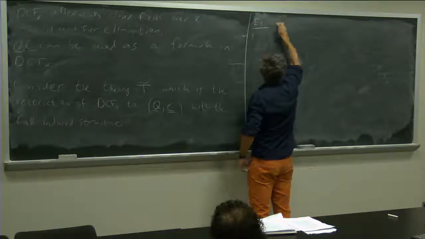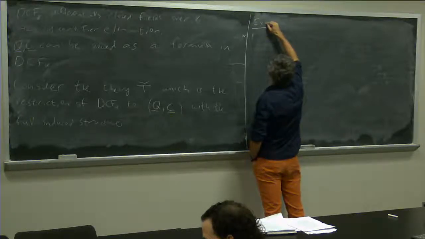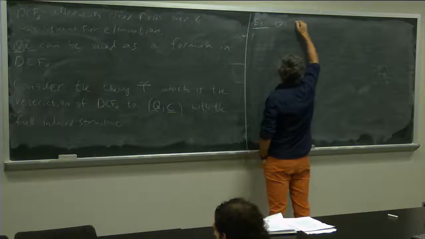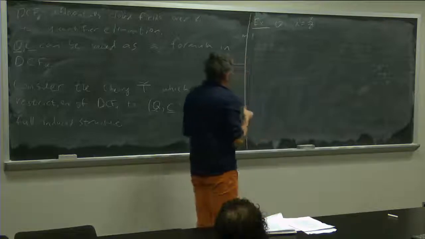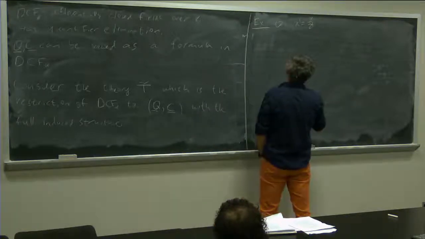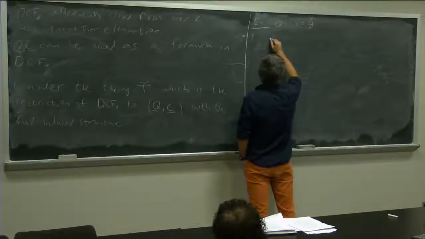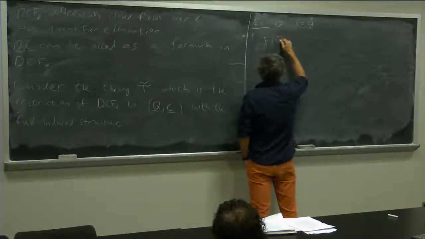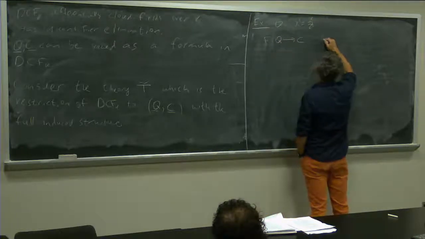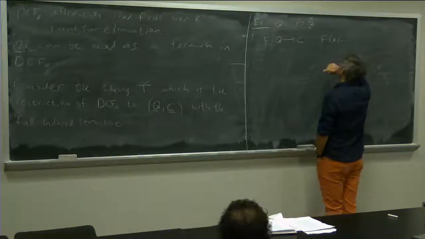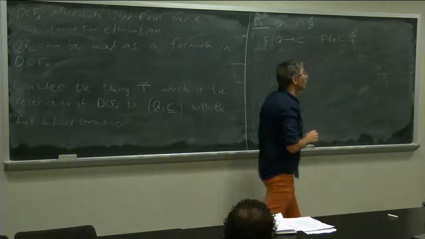For example, suppose that Q is x' = x over 2t. Then in DCF, I have a definable function f from Q to C, which says that f of x is x squared over t.